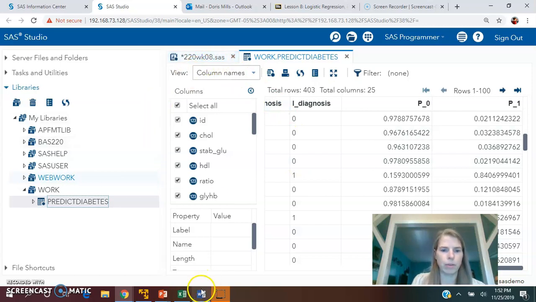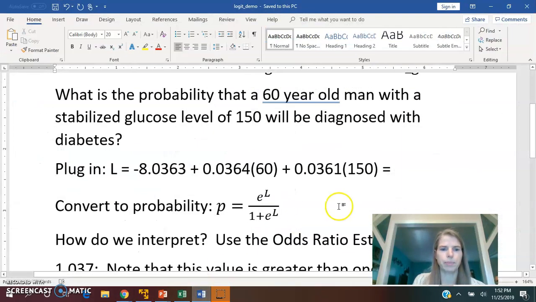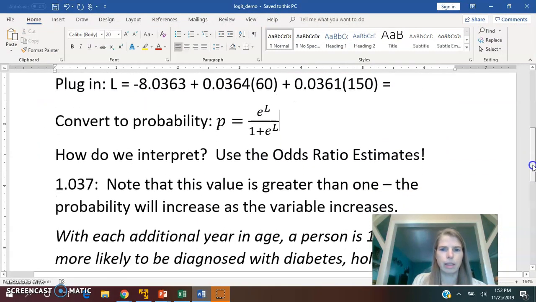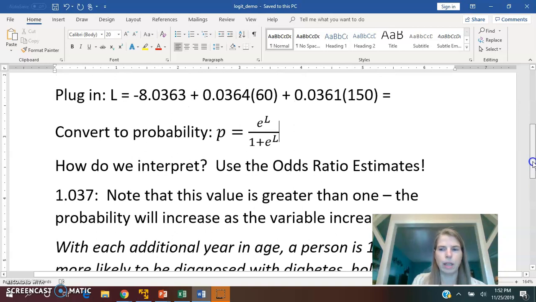Now let's talk about interpreting. How do we interpret what we get? Well, instead of using the analysis of maximum likelihood estimate coefficients, instead of using these numbers, we'll actually use the odds ratio estimates.